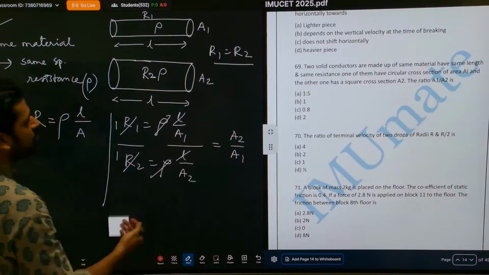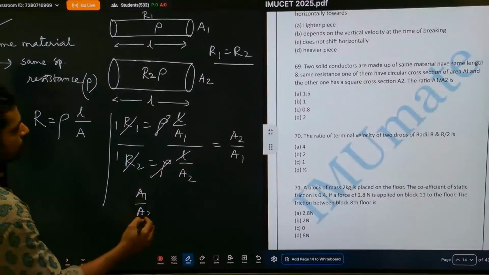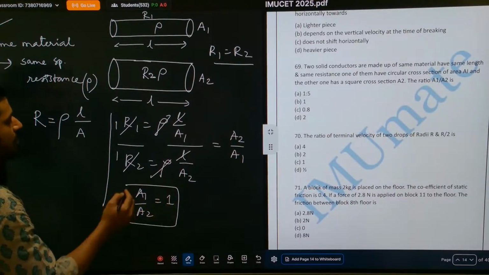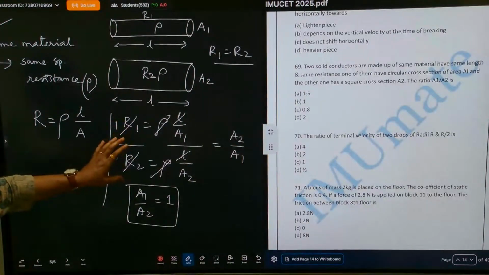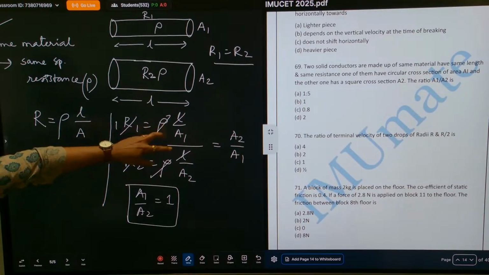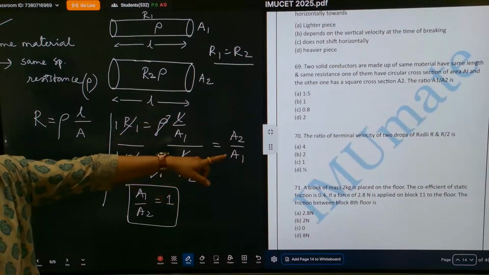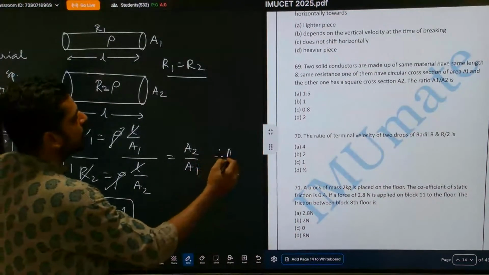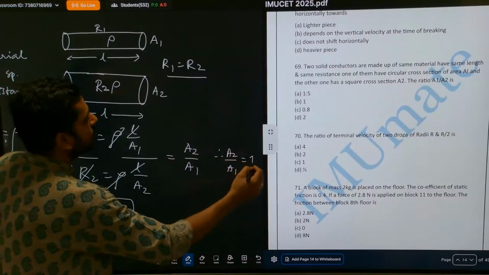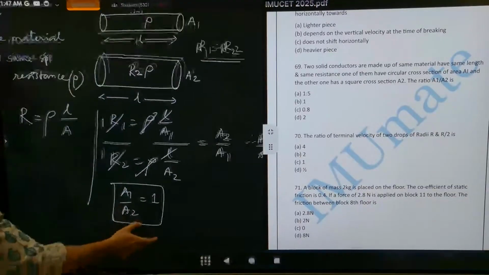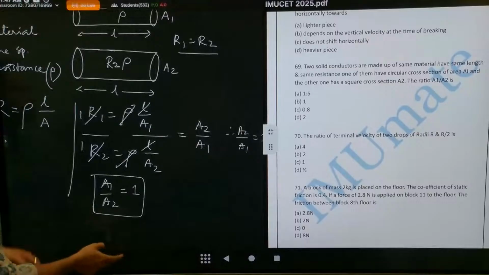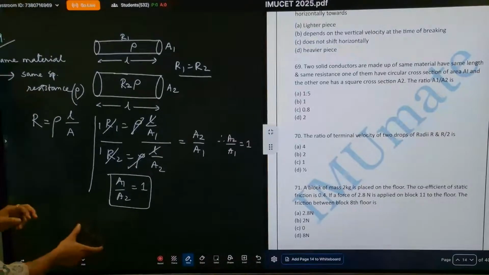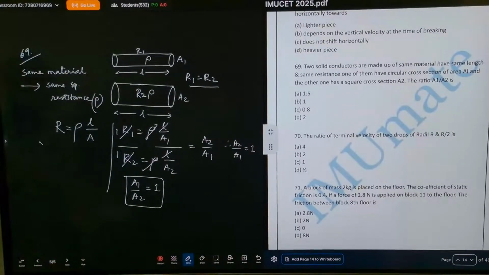What is A1 by A2? Also 1. See, the left hand side all got cancelled out. Rho got cancelled, L got cancelled, A2 goes up, A1 goes down. So A2 by A1, how much did you get? 1. So A1 by A2 would also be 1. Everything is the same now. The ratio would be the same.